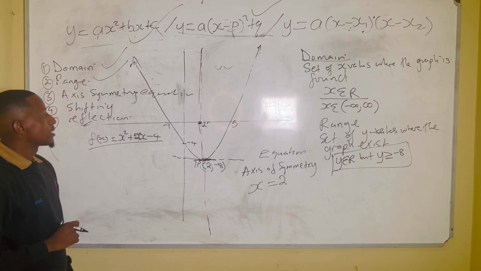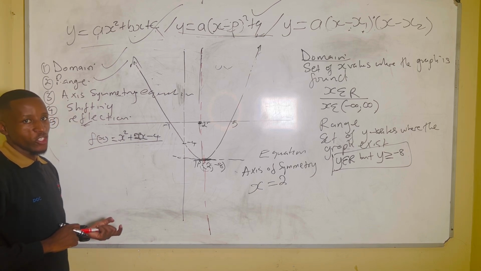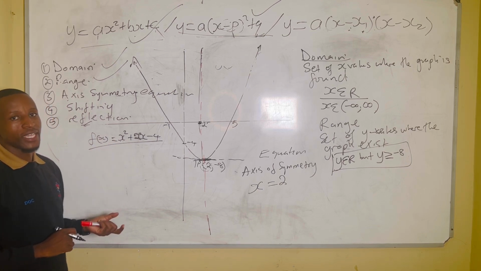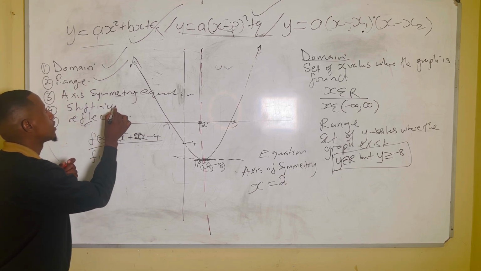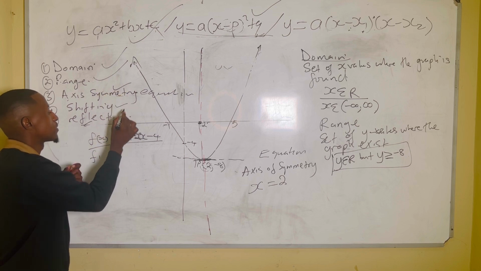Then they ask you to find a new equation when this graph is shifted. Remember, we are now dealing with the shifting; we are done with the axis of symmetry.